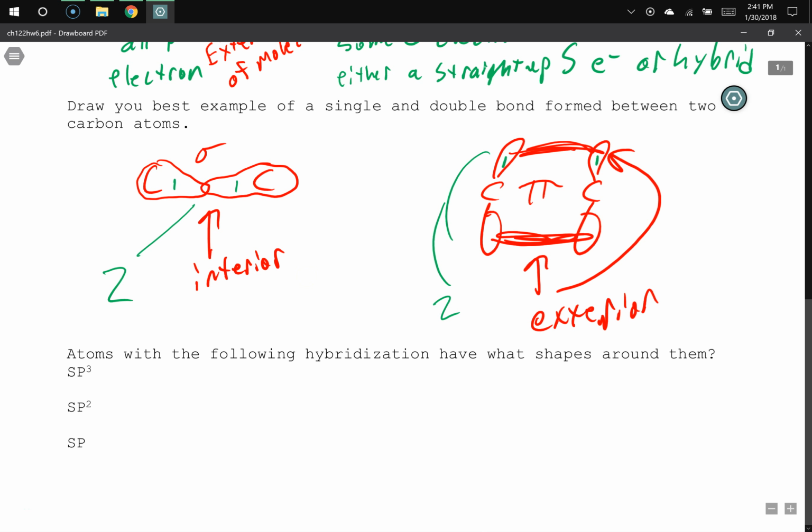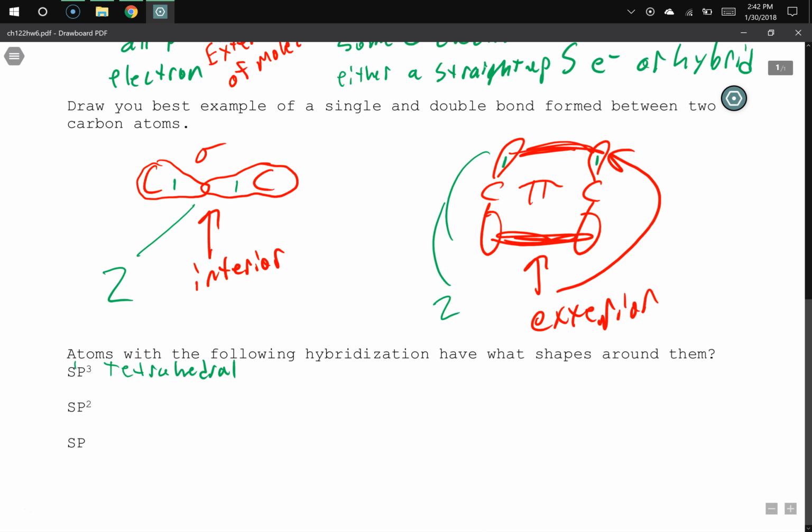So what shape do we have with an sp3? The reason you should know that it has to be a tetrahedral shape is that there's one s electron and 3 p electrons all going in different directions.